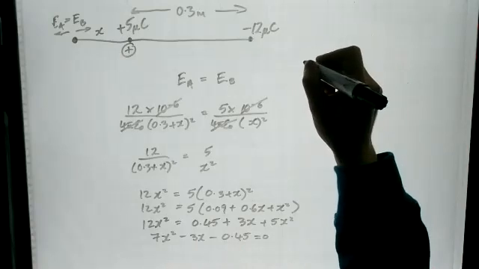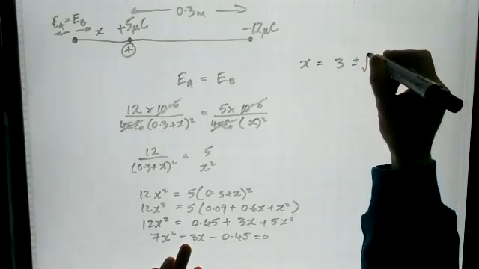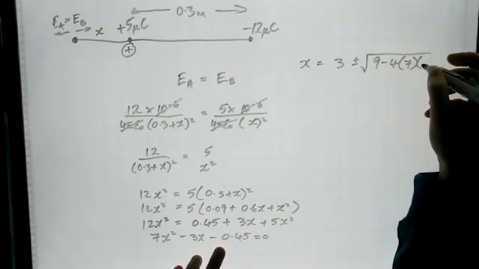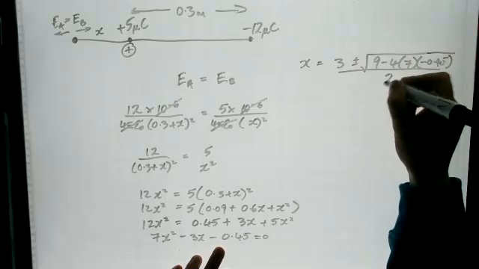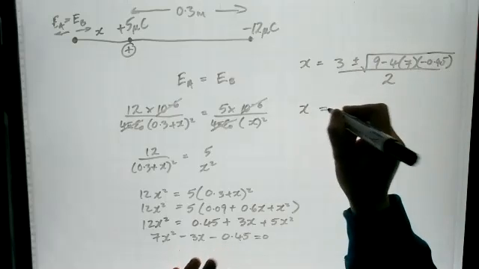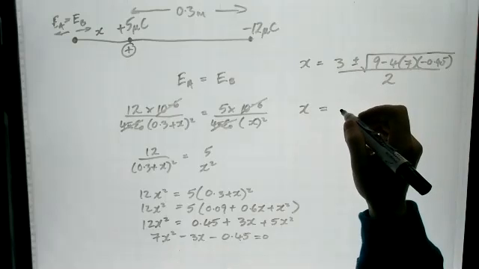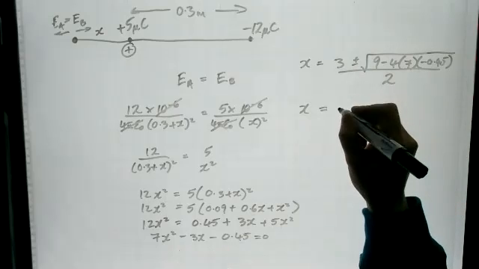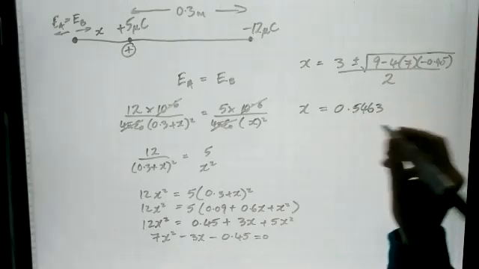So x equals minus b, so it's 3, plus or minus the square root of 9 minus 4 times a times c, where c is minus 0.45. So x equals, plus gives 0.546 and minus gives the other one, minus 0.12.